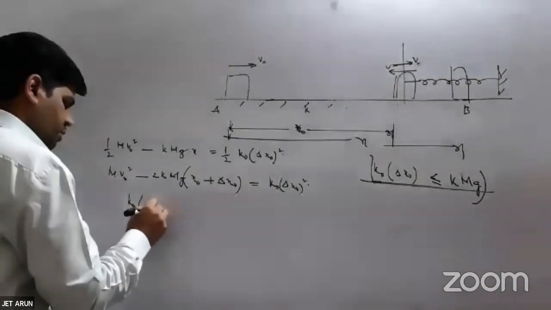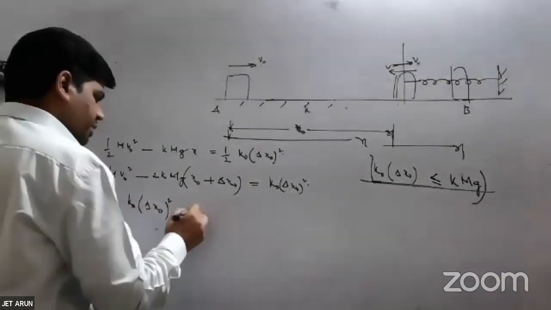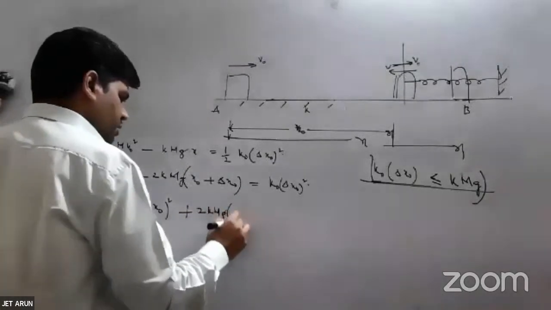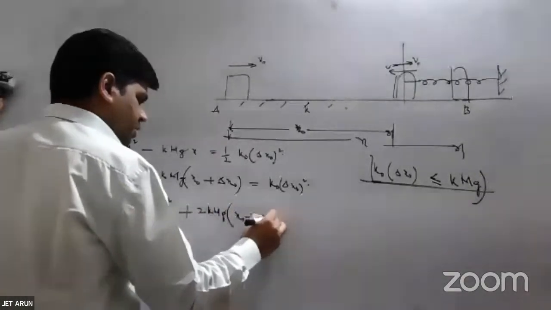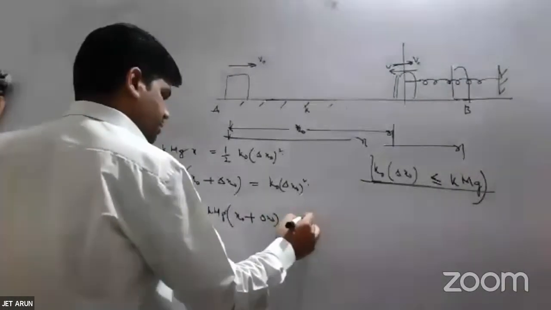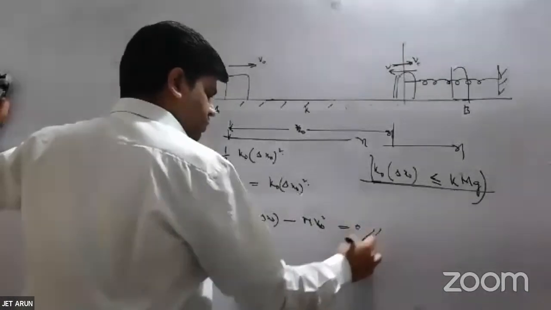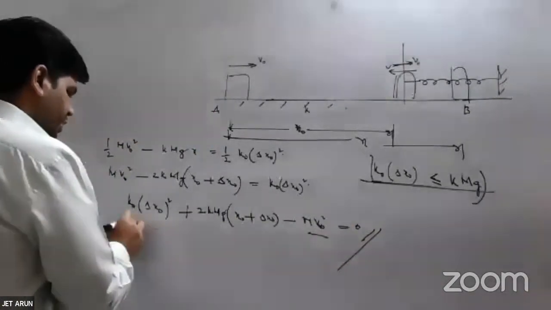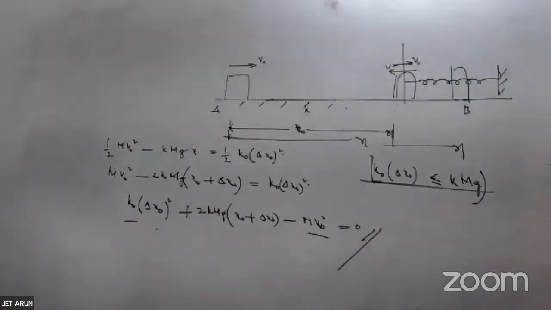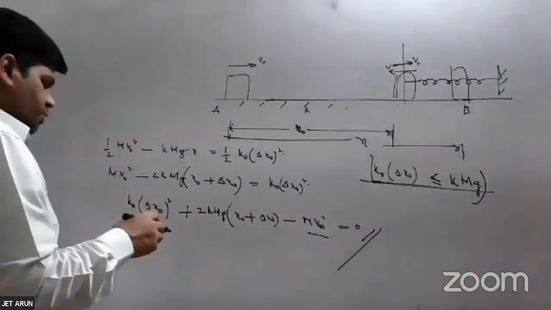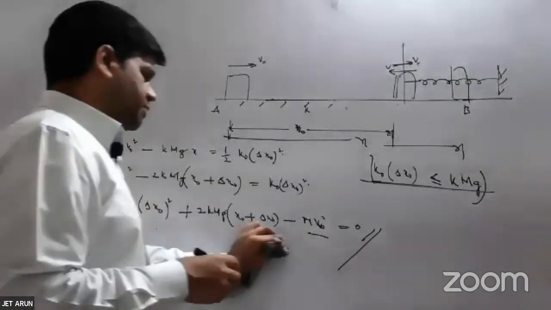K naught delta x naught square plus 2 mu mg into x naught plus delta x naught minus m v naught square equal to 0. I've got C to be negative, A to be positive. C by A is the product of roots, which is negative. So I'll have one root as negative and one root as positive.